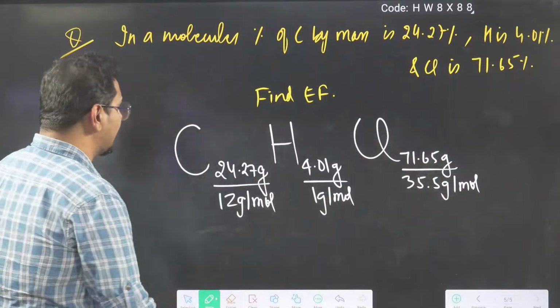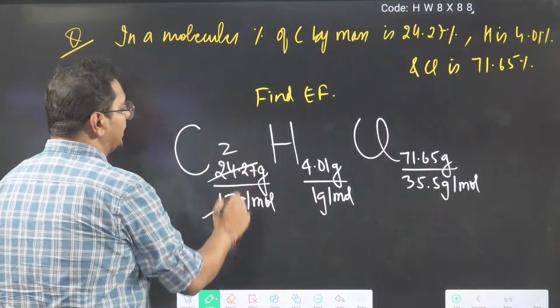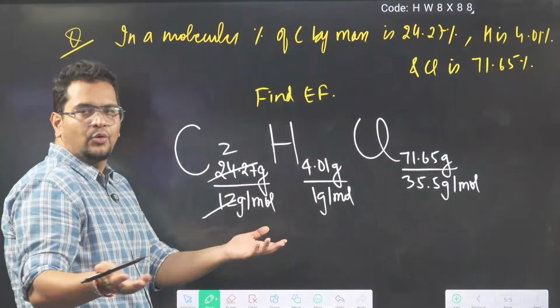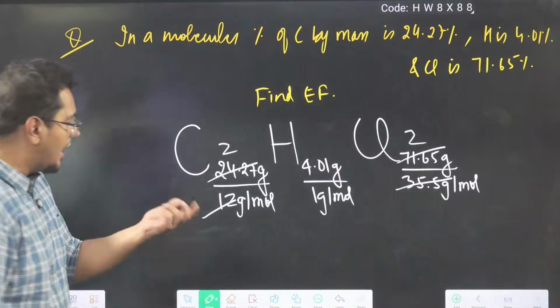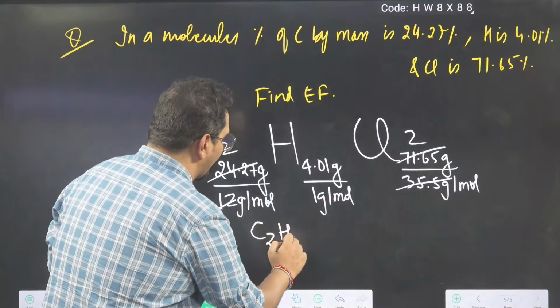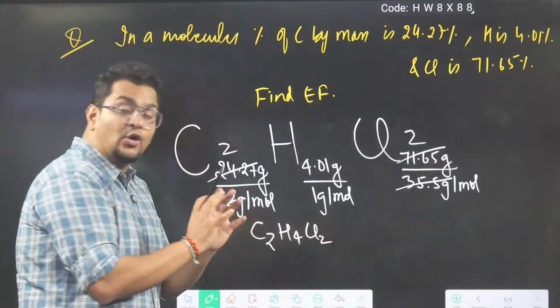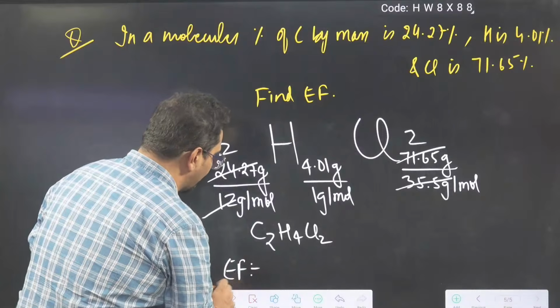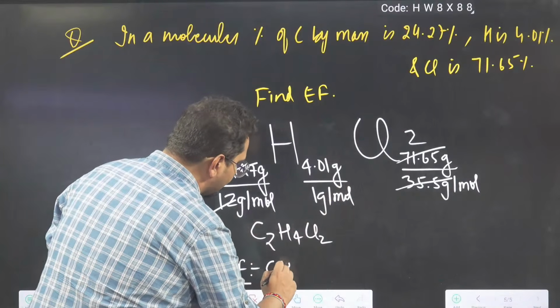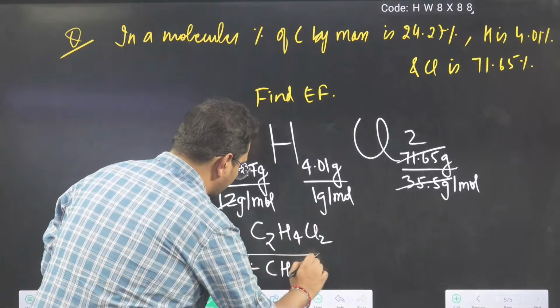Find the nearest integer. So 12 twos are 24, 4 ones are 4, 35 into 2 is 71. So I am getting C2H4Cl2. This is not the simplest ratio. So the simplest ratio, after dividing this by 2, is CH2Cl, and this is the empirical formula.